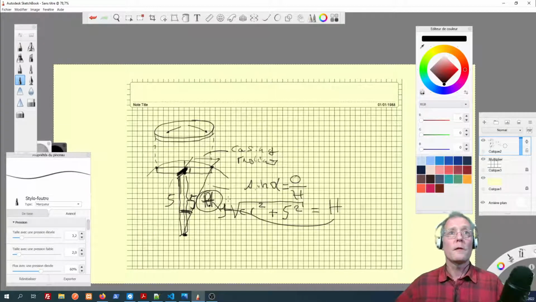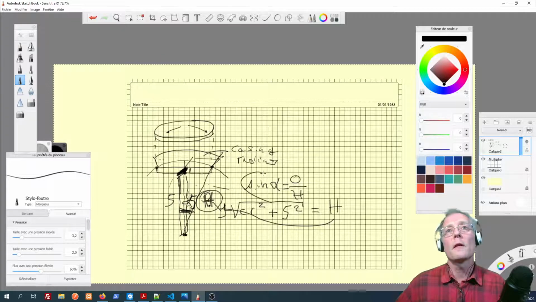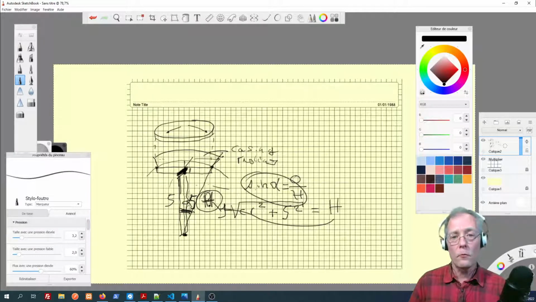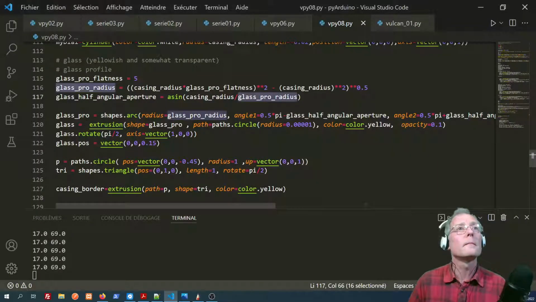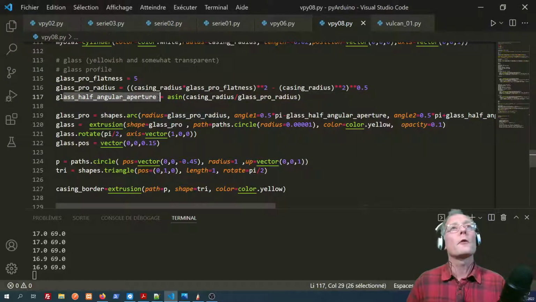And when I have this, I can draw an arc of that aperture. I have here my alpha, which I call the alpha aperture, which I find with this. And then I have all I need to draw my arc here. Glass half angular aperture here.